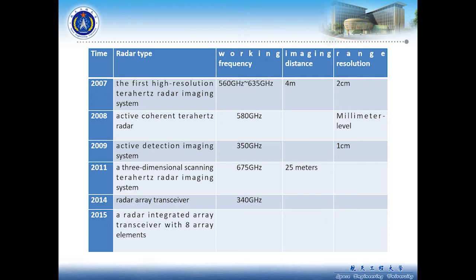In 2015, the radar type is a radar array transfer system. The working frequency is 340 GHz. In 2015, the radar type is a radar integrated array system. Its array elements.